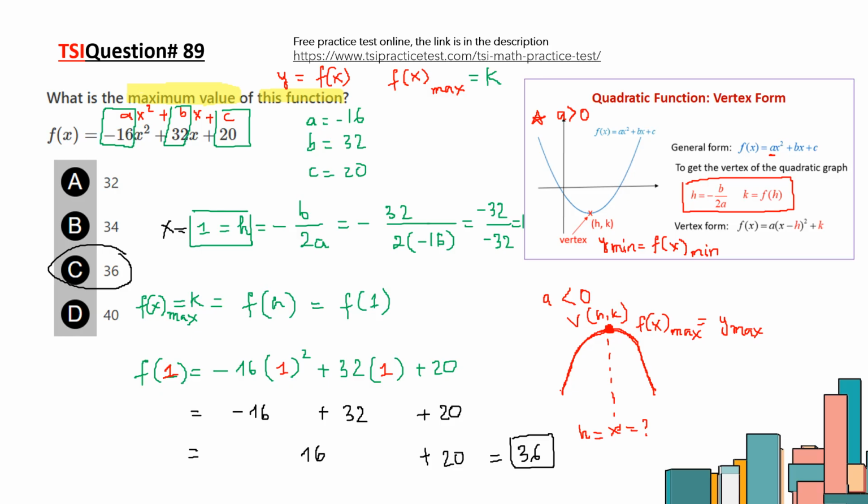So it's a little bit confusing for some of you because you see the h and k, right? Remember we write down x comma y. So h and k are just different names to distinguish the coordinates of the vertex, but they have the same meaning. The x coordinate of the vertex is h.